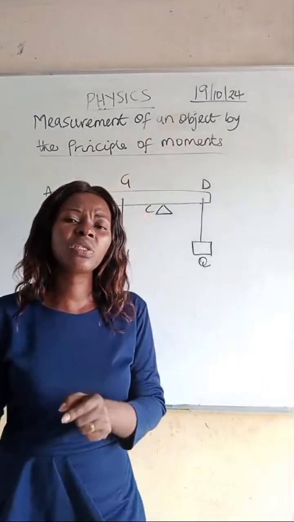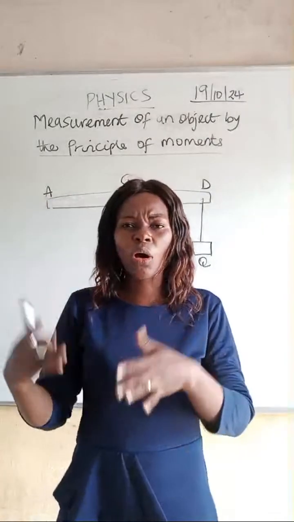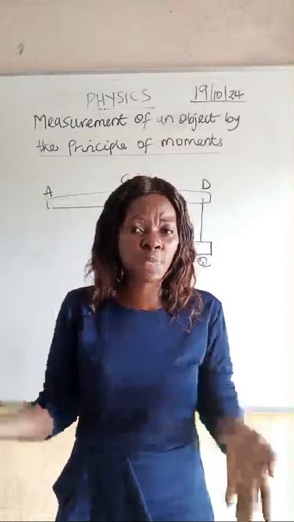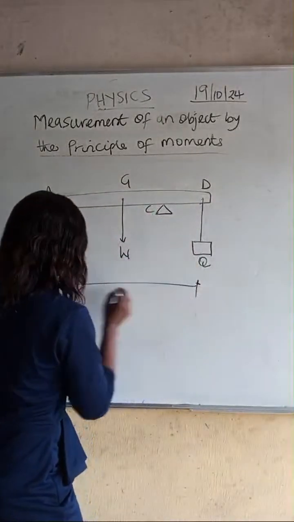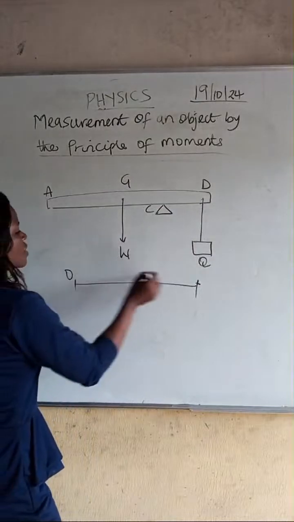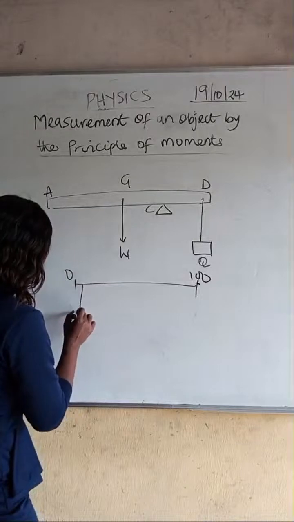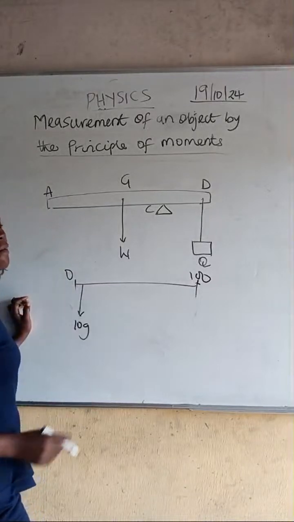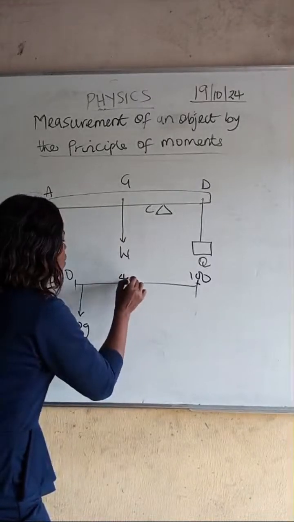What are you going to do? You are going to put the weight of the meter rule on the proper place, on that particular point that is meant to be. For example, if from here to here is 0 to 100, and they hung a mass of 10 grams on this side, this becomes 40.